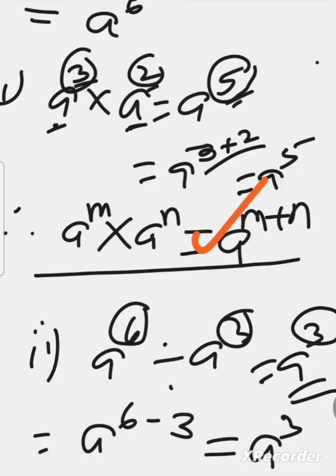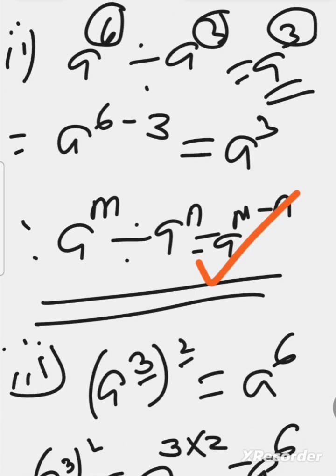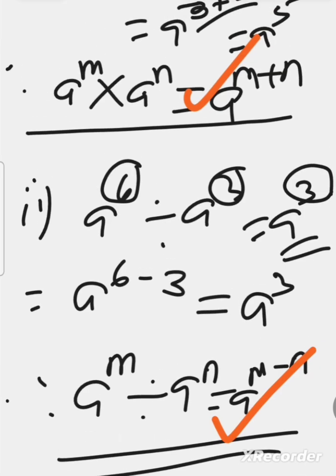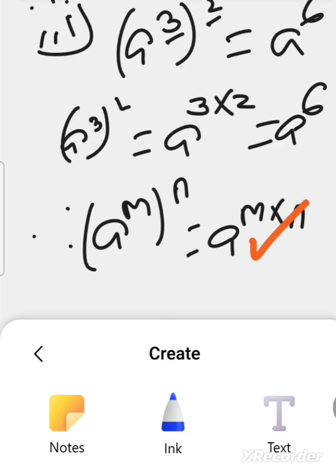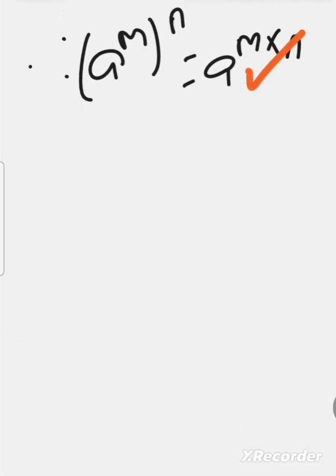That is how we derive the three laws of indices.